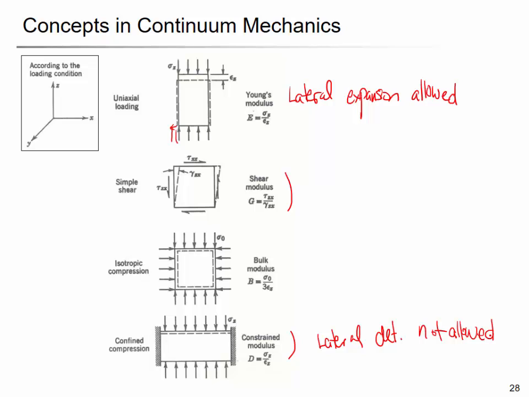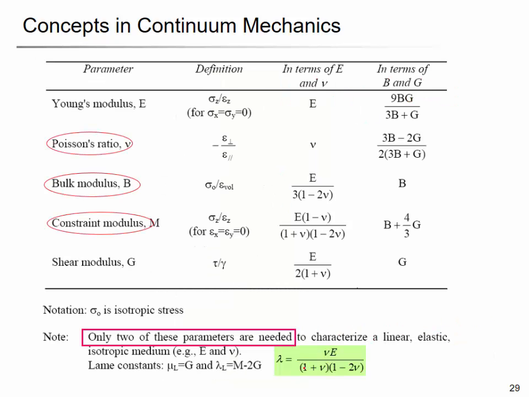If you learn the mechanics of materials, large M can be used as a constraint modulus. So this is the correlation between the Young's modulus, Poisson's ratio, bulk modulus, constraint modulus, and shear modulus.